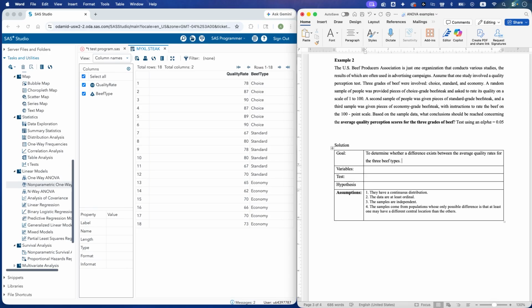That's it. So we are looking for the difference between the average quality rates for the three beef types. You have three beef types.